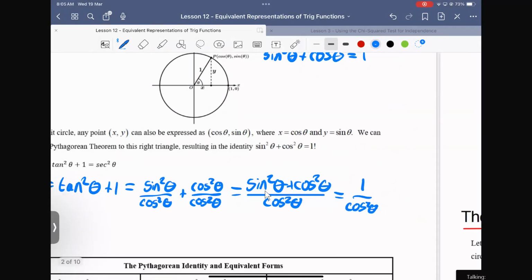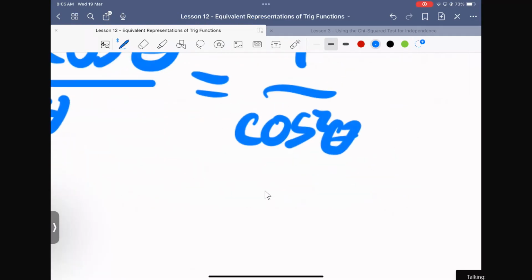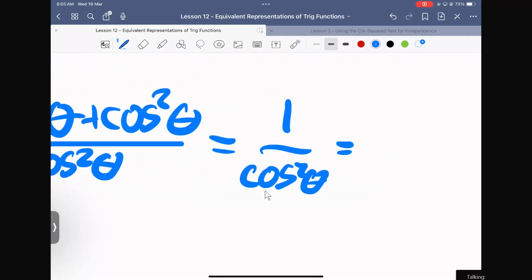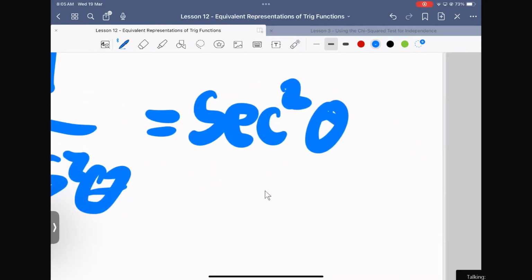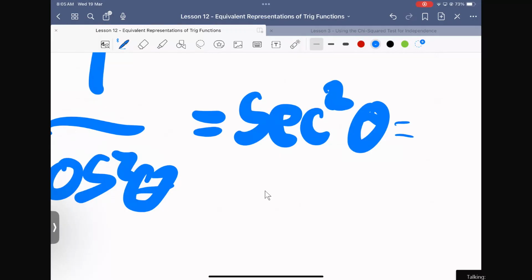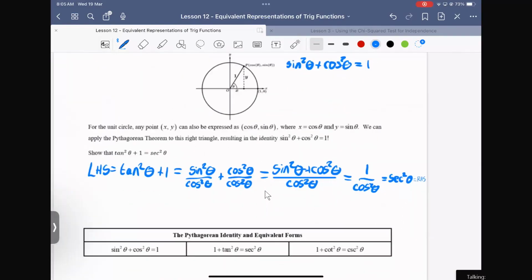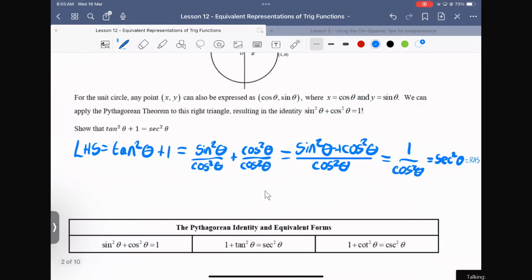And 1 over cosine squared theta is going to be secant squared theta, which is the right-hand side. You have another alternative as well in this form. This is another alternative.